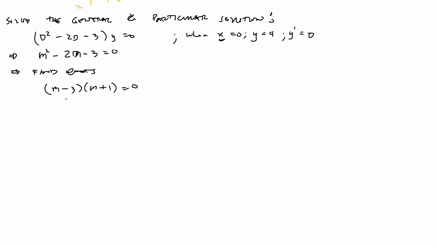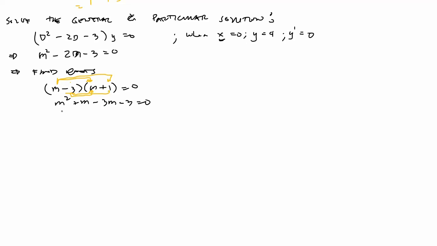So, let's check. First multiply this, so we have m squared, then plus m, and also this part, minus 3m. Then lastly, we have this part, minus 3 is equal to 0.